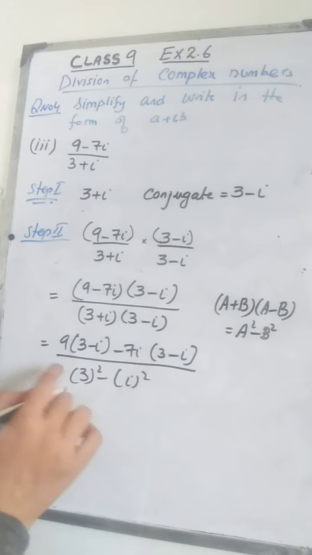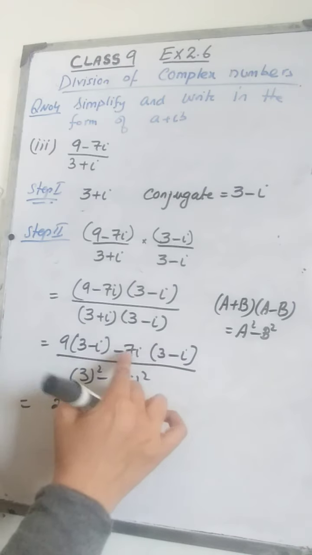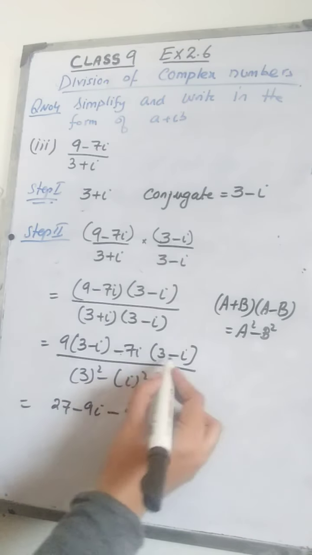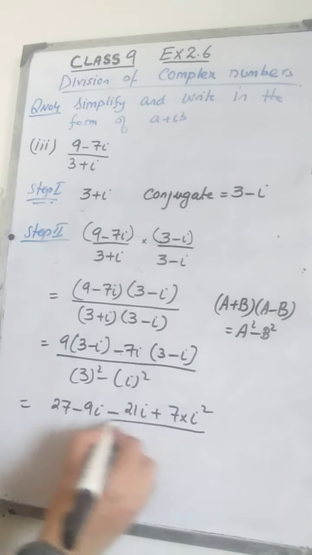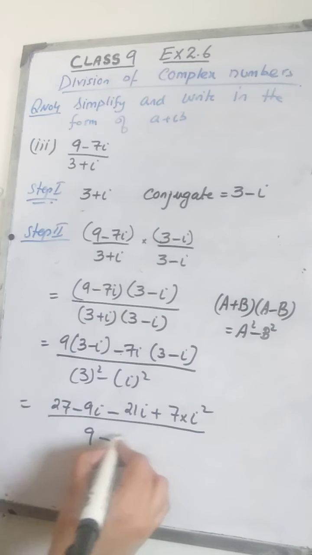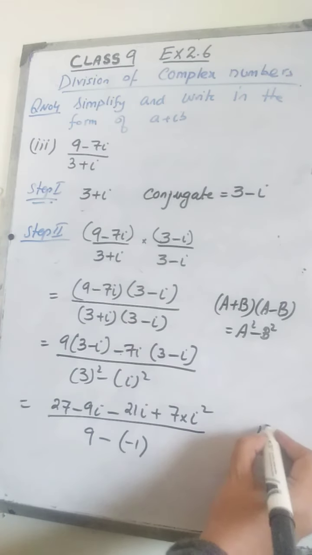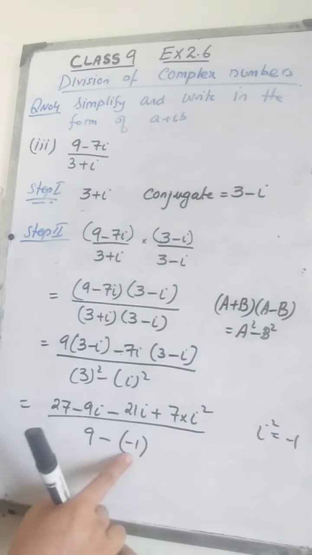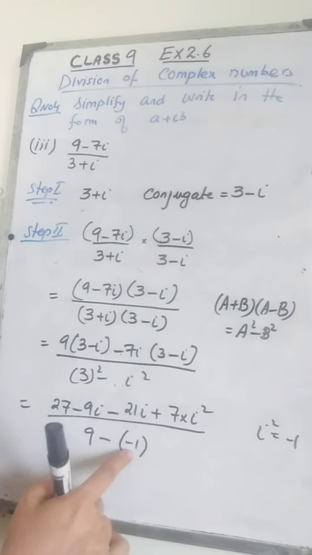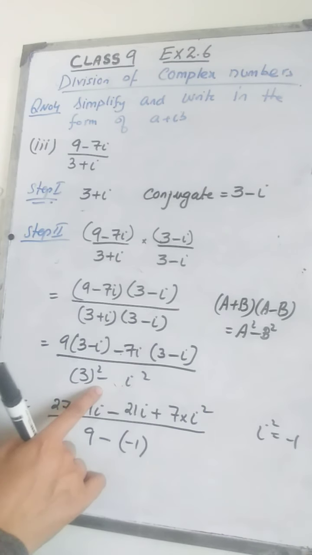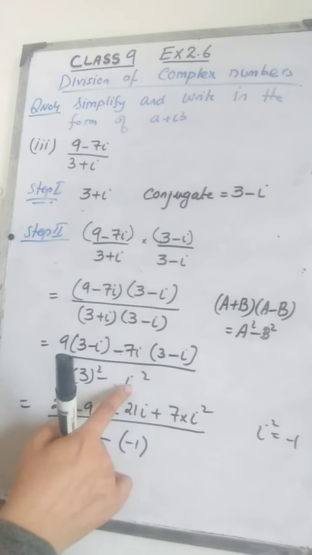In the next steps you are going to multiply them. 3 9s are 27, minus 9 iota, minus 3 7s are 21 iota, and minus into minus 7 iota into iota will be iota square, and iota square is negative 1. Because iota square is negative 1, you are putting negative 1 in place of iota square.